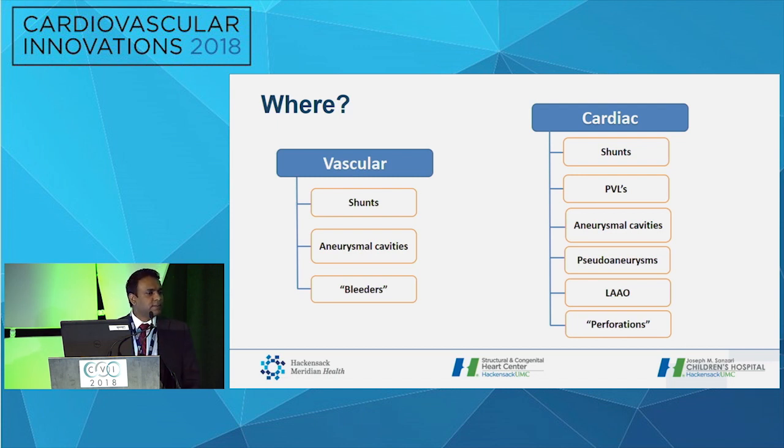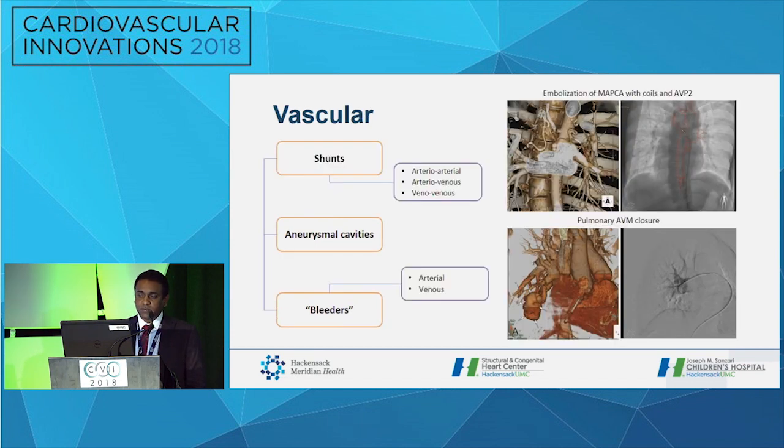You're looking at shunts, such as ASDs, VSDs, and PFOs, and paravalvular leaks, both aortic and mitral. Aneurysmal cavities include left ventricular, atrial, or even aortic aneurysmal cavities. Then left atrial appendage occlusions, as we talked about today, and also perforations, which can be acute, including post-MI perforations.